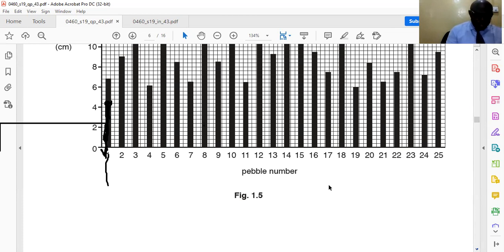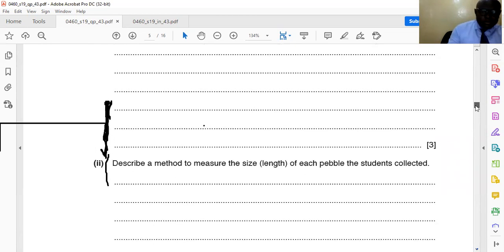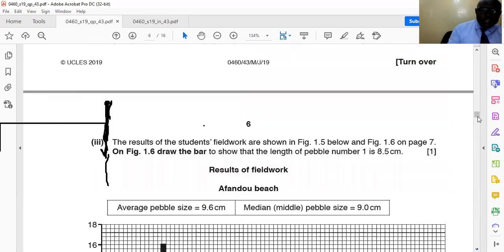Then if you go and check other, you see that beach materials are larger at beach formed by destructive waves. If you go and check with the average size of this, you can see that it's different.